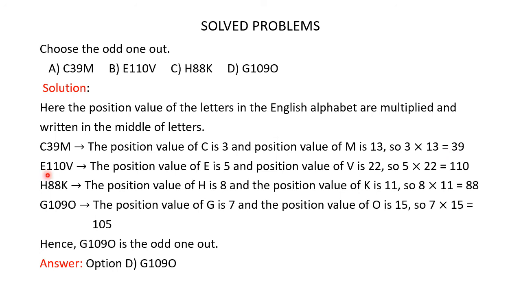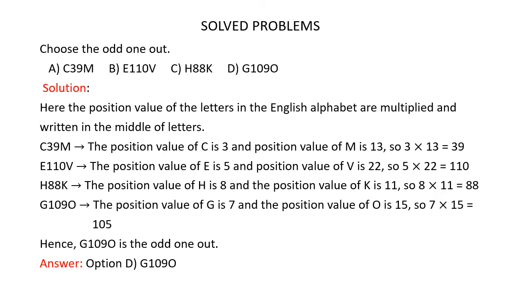In option B, E110V, the position value of E is 5 and the position value of V is 22, and 5 multiplied by 22 is 110. In option C, H88K, the position value of H is 8 and the position value of K is 11. So 8 multiplied by 11 is 88.